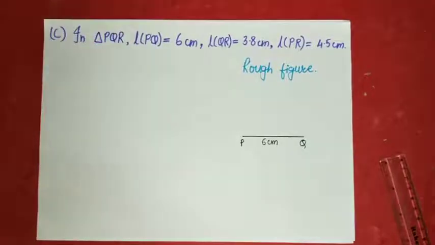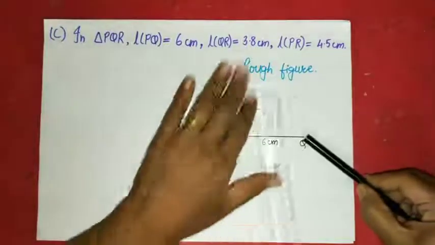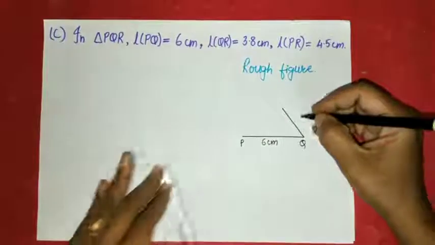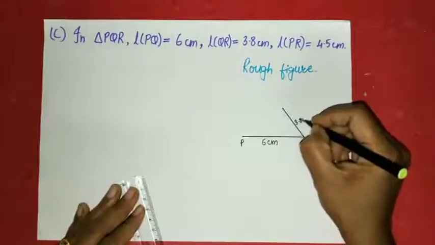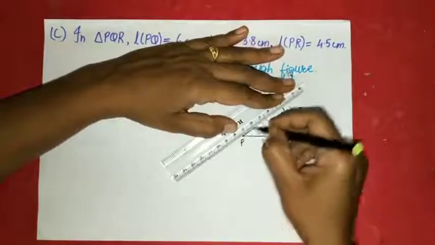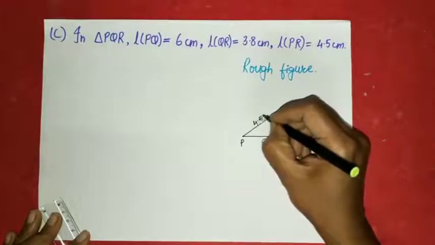Now, we will draw QR of 3.8 cm. So, from vertex Q, we have to draw QR of 3.8 cm. And PR is of 4.5. So, we will draw the segment from PR. It is 4.5 cm.